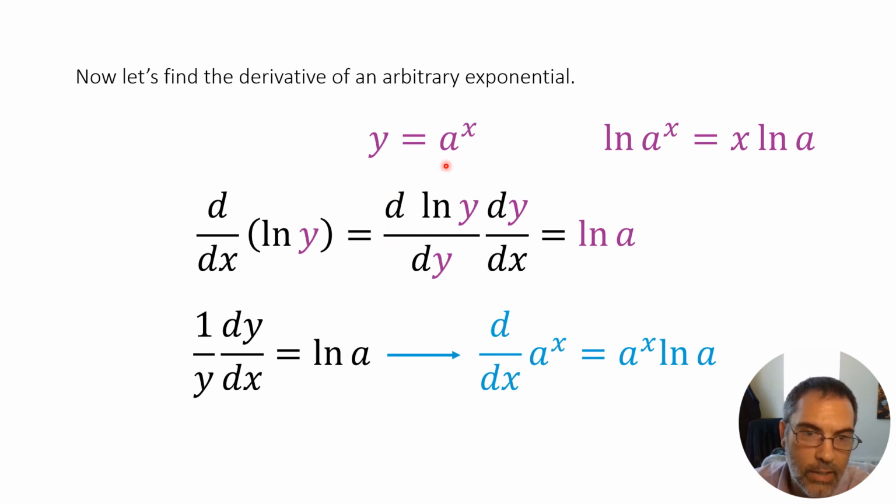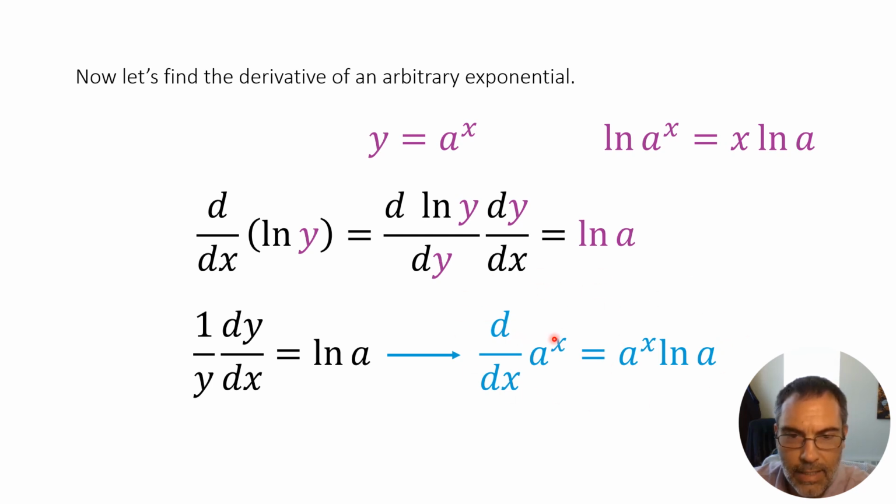Now inside here, we have derivative of natural log, which we know is 1 over y. And this is derivative of y, which is the unknown arbitrary exponential derivative. So this becomes 1 over y, and then dy dx is something we can solve for. It will be equal to y times log a, which is a to the x times log a, and that is our answer.